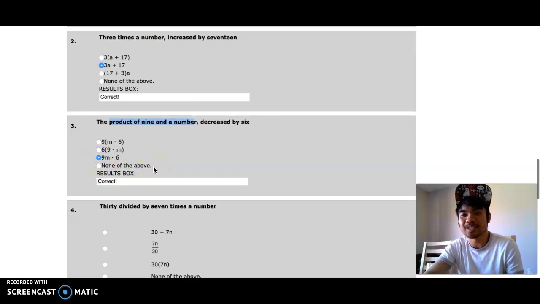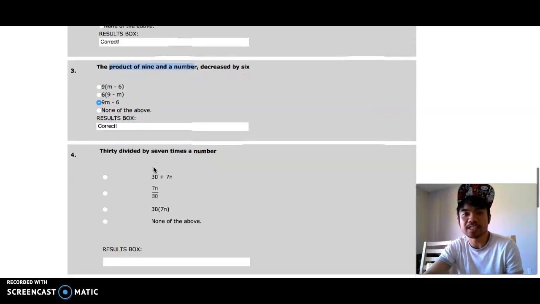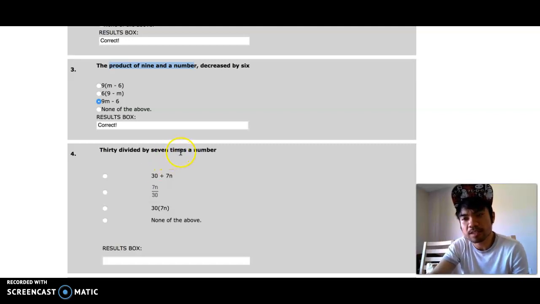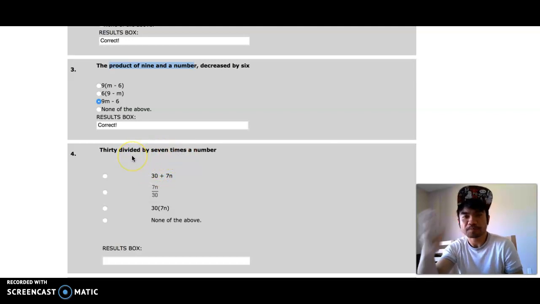All right, this one, question 4. 30 divided by 7 times a number. So it's going to be 30 on the top, divided by 7 times a number. Let me read this. Oh, sorry, I did not read it properly. 30 divided by 7 times a number.